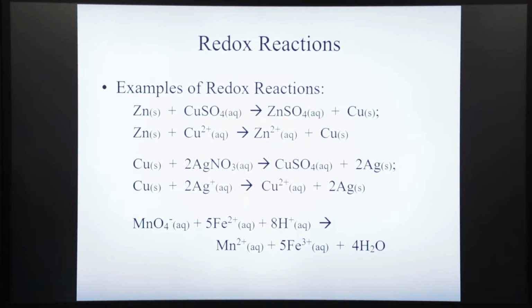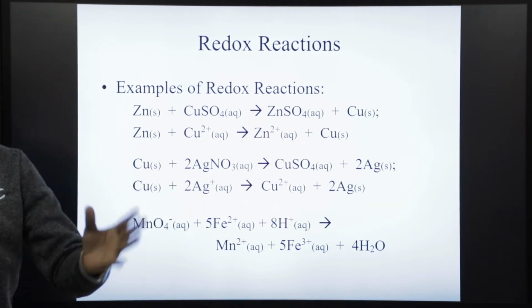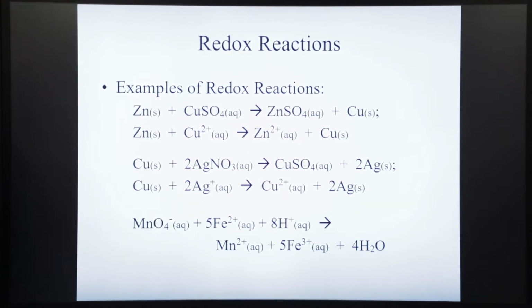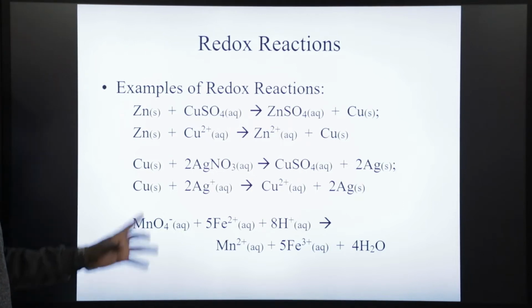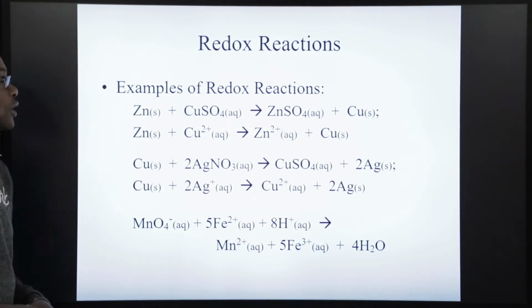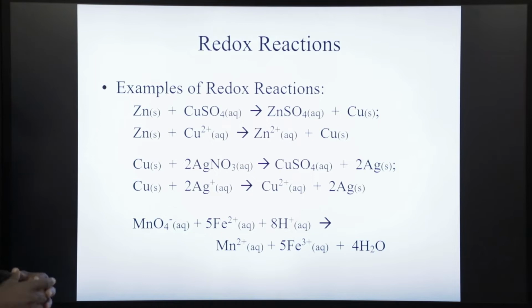Put in simple terms, oxidation is loss of electrons, while reduction is a gain of electrons. Here are a few examples of redox reactions, meaning oxidation and reduction reactions taking place concurrently.